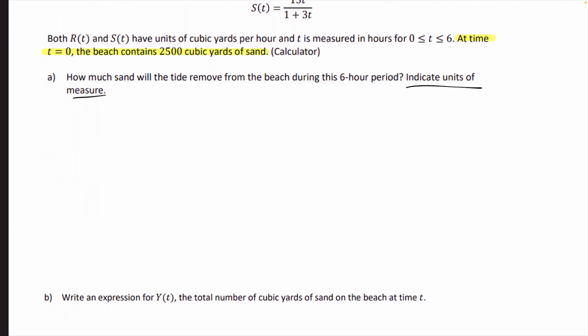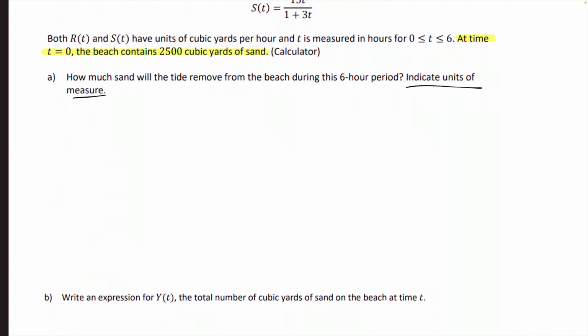Okay, so what does that mean? That doesn't really help me do the problem. The original 2,500, that's going to come into account, right? How much of that sand is going to be gone by the end of the 6 hours? Gone is part of it, right? Yeah, removed. So out of the 2,500 that was already there, how much of it was removed?